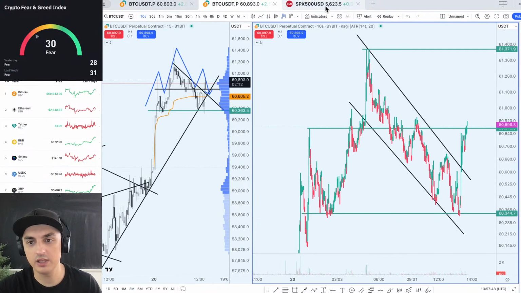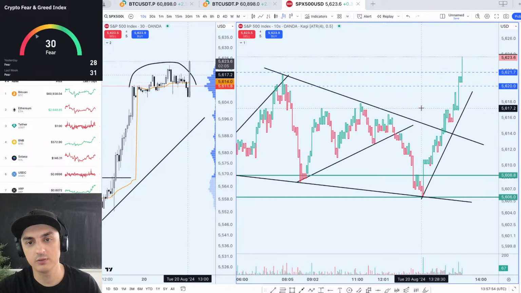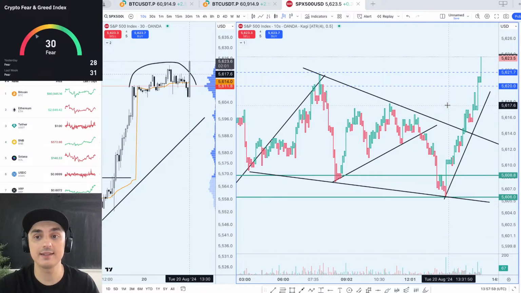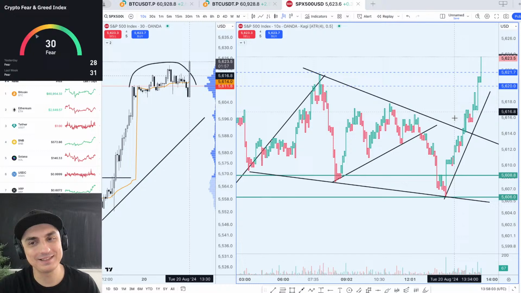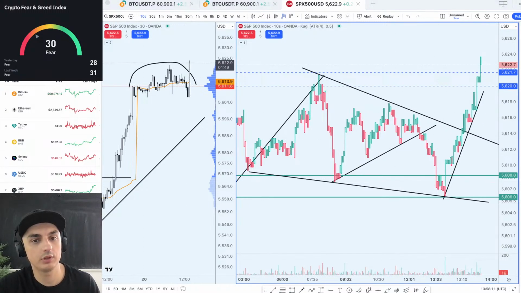Oh, this is really kicking in. S&P pushing higher to new highs of the day, and also weekly highs. This is weekly all-time highs. All-time highs, not all-time highs. Obviously, this is weekly highs, and it's blasting through levels. This is really cool.